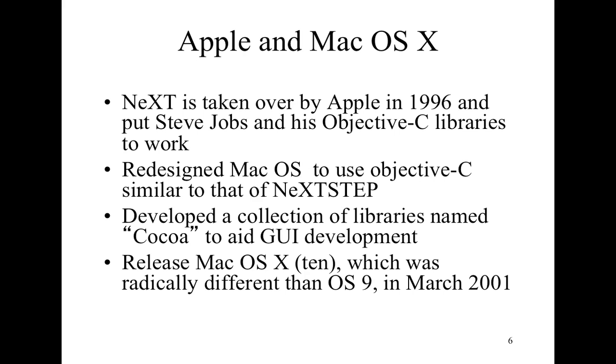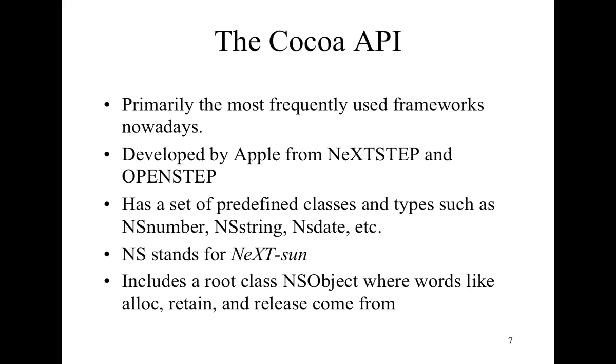It's built on open source utilities. But here's where the Cocoa comes into place. So Apple actually develops from the Mac OS X environment a collection of libraries named Cocoa, and aided the GUI development. So you released the Mac OS X, which was radically different, obviously, than the previous versions that ran on BSD Linux with the Cocoa interface. So we have the Cocoa API.